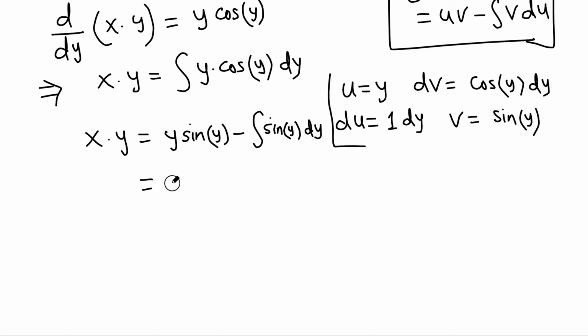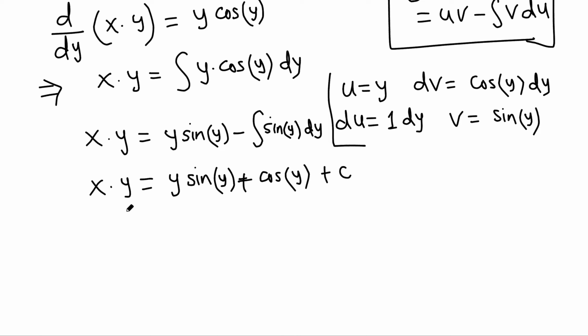Now this is y sine y minus the antiderivative of sine y, which is negative cosine y, but with the negative, it's positive cosine y plus some constant.